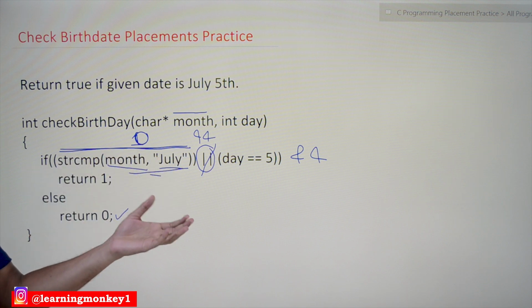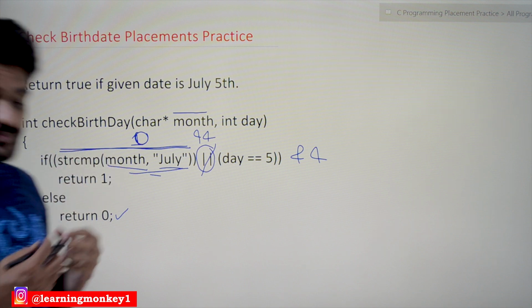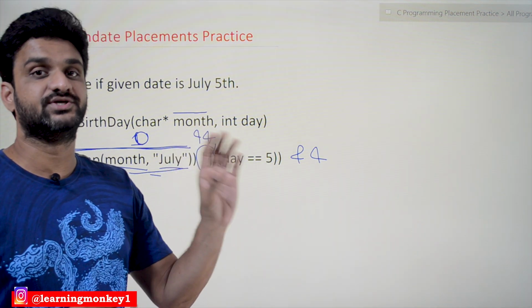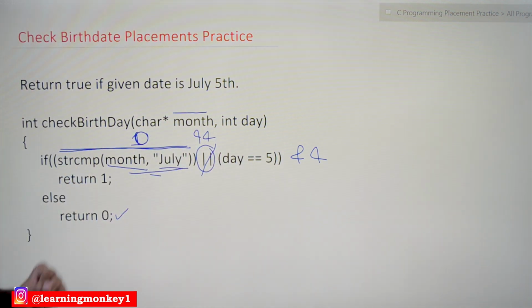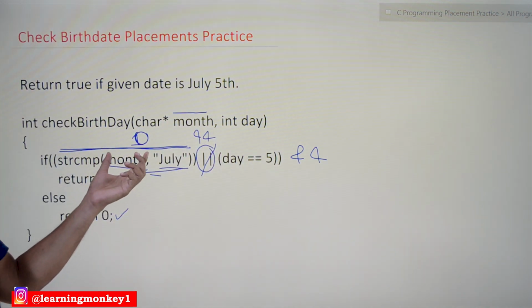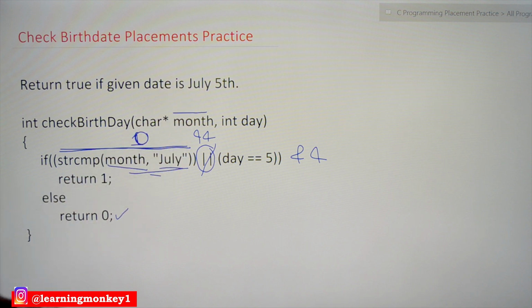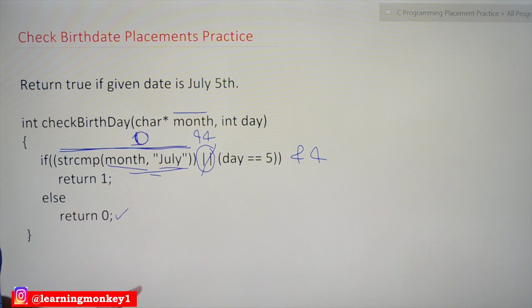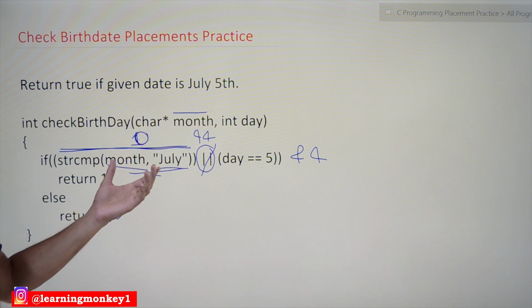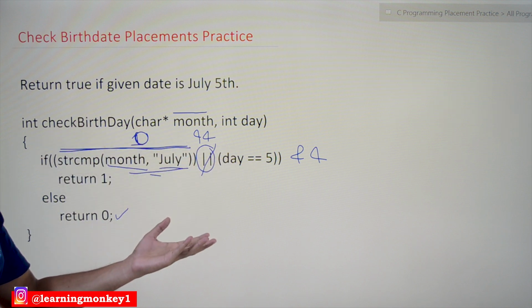If both of them are equal, the string comparison function is going to produce an output of 0. So it is going to be 0 if the month is equal to July. If the month is not equal to July, then it is going to produce a non-zero output, which is treated as true. Other than July, everything will be true.